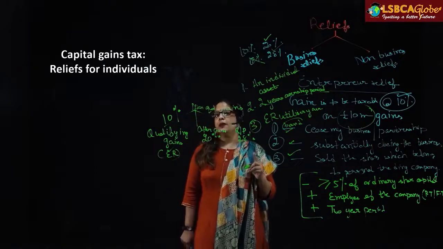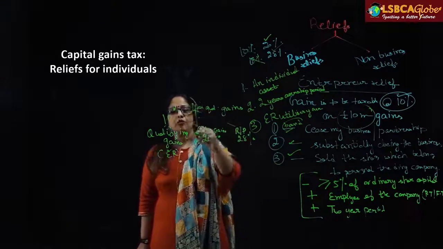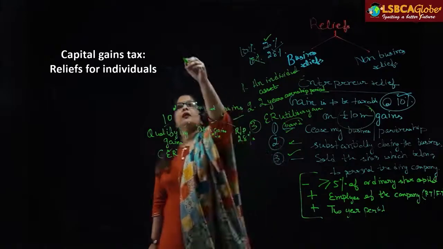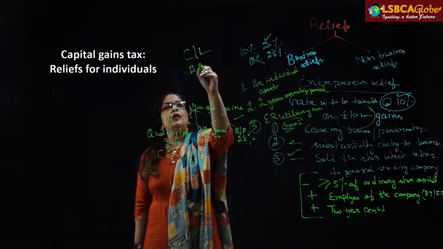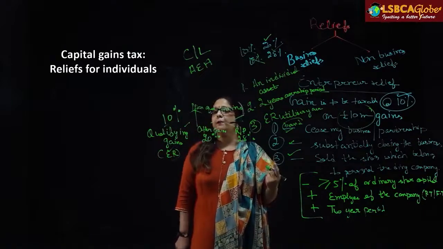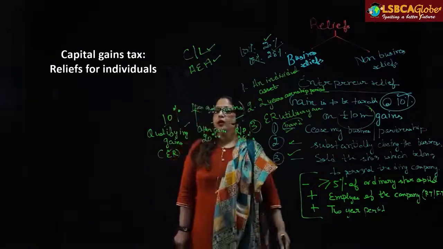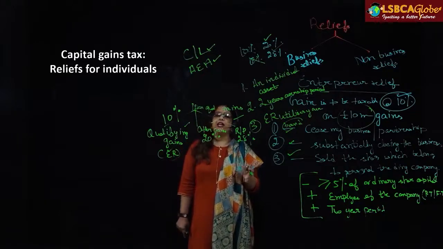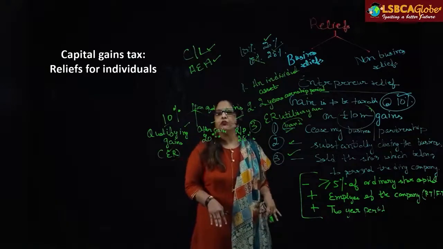Now, just remember one very important point. If in my computation all these three gains are there, plus capital losses are there in the question and annual exempt amount is also there in the question, who can tell me the priority of claiming the capital losses and the annual exempt amount? Me as a taxpayer, I want that my tax should be less, but I should remain within the boundaries of the tax.